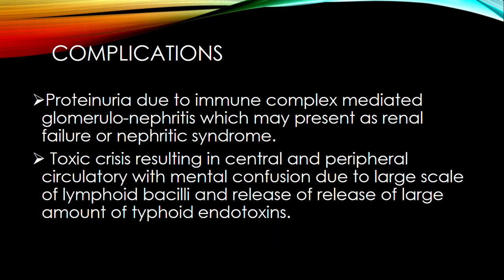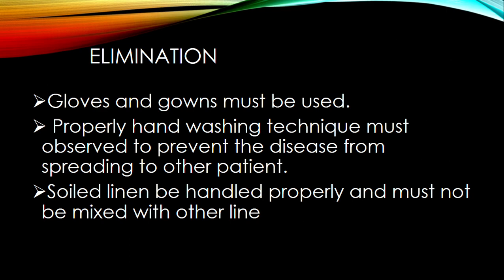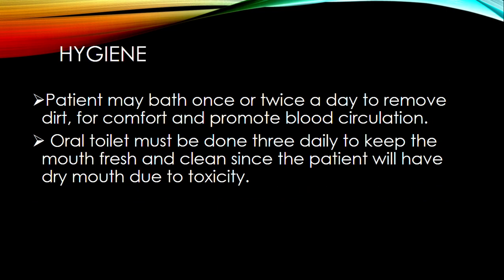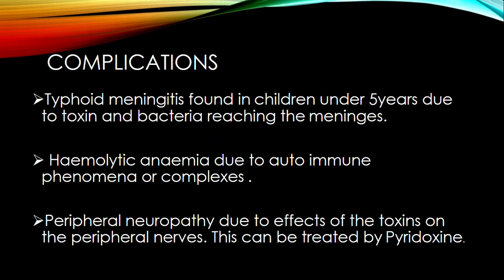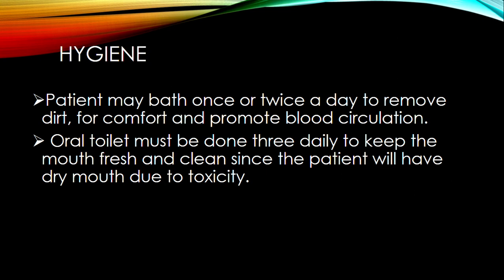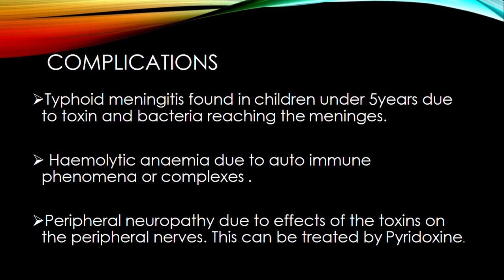So now let's look at the complications of typhoid fever. As we saw from the signs and symptoms, the disease is slowly progressing, and because it uses the systemic circulation, the bacteria can go to different parts of the body and cause infection in those parts.